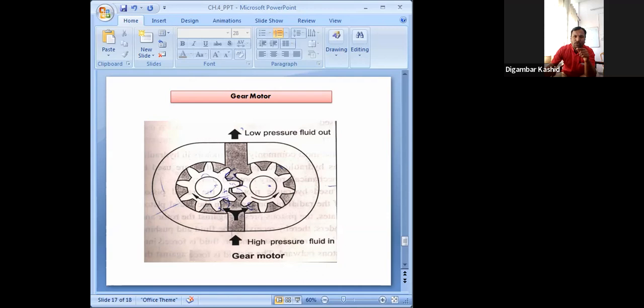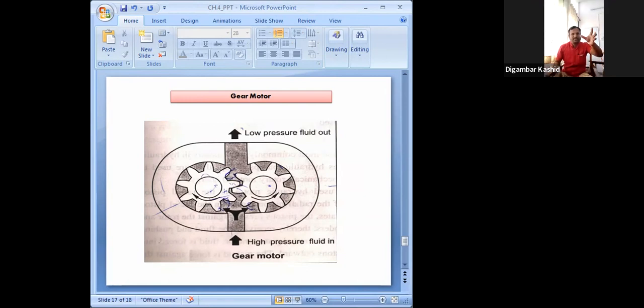So due to the force, this first gear will rotate clockwise. You can see the direction of this first gear, and when this first gear rotates due to the pneumatic force of your compressed air, at that time this idle gear also rotates, because this second idle gear is meshed with your first one.